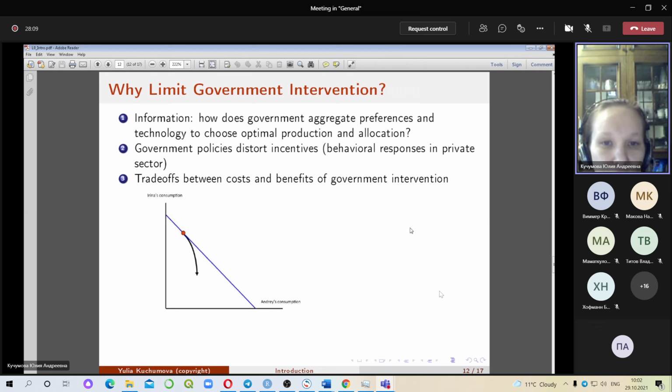But here we need to understand the general notion of distorting incentives, right? Policies affect people's decisions.